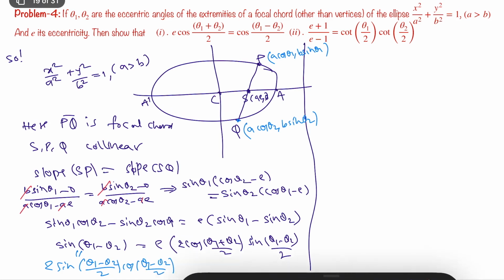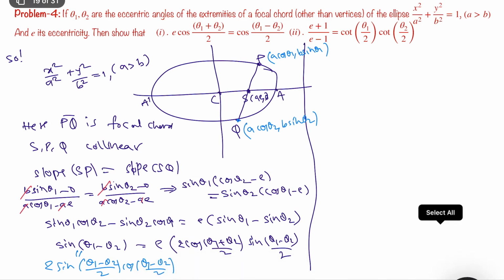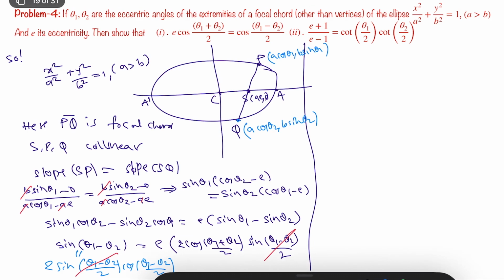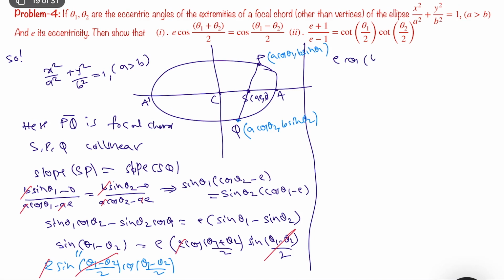Now this one cancels, and this 2 gets cancelled. Then we are left with e cos of (theta 1 plus theta 2) by 2 on the right hand side.